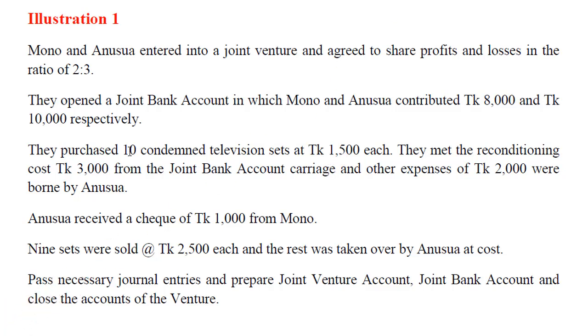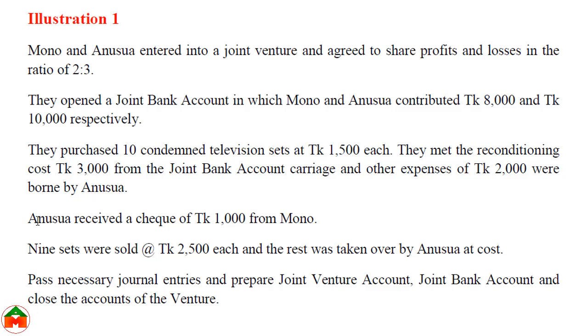For 10 television sets, the total cost would be 15,000. This is the purchase cost. Along with this purchase cost, there are additional costs which are 3,000 for reconditioning and 2,000 for other expenses. Ultimately the total cost is 15,000, 3,000 and 2,000. Total 20,000.